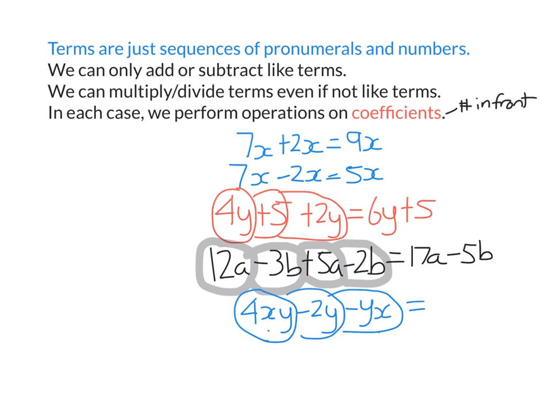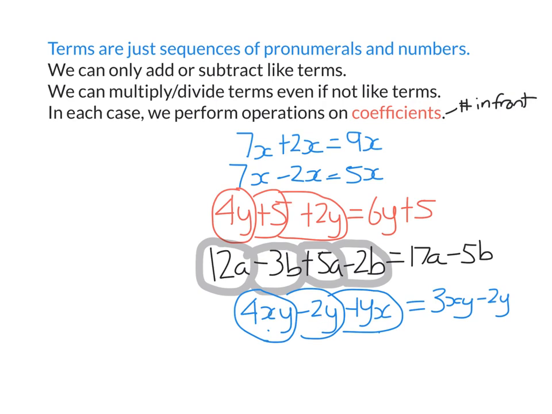So 4xy minus yx gives you 3xy or 3yx. It's the same thing. Because if it's not written, this is just a 1. So 4 minus 1 gives you 3xy. And then the minus 2y doesn't have any like terms. I leave it as it is. Yes, it has a y, but it doesn't have an x. This one has an x, this one has an x. This one doesn't. So this one is not a like term with either of those.